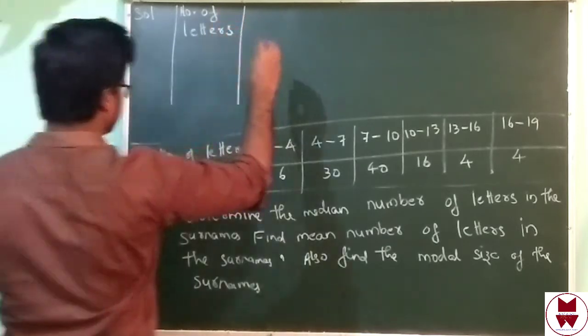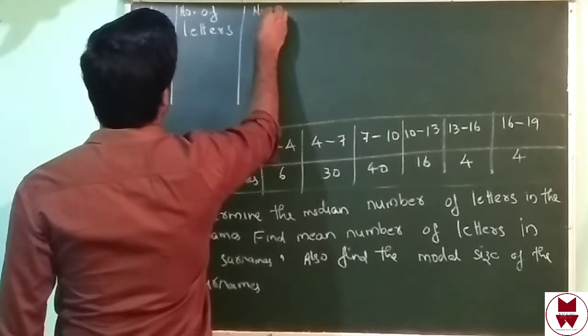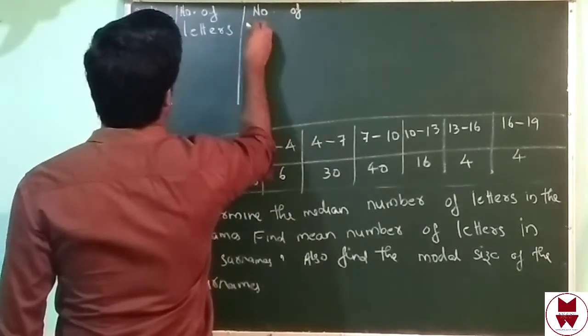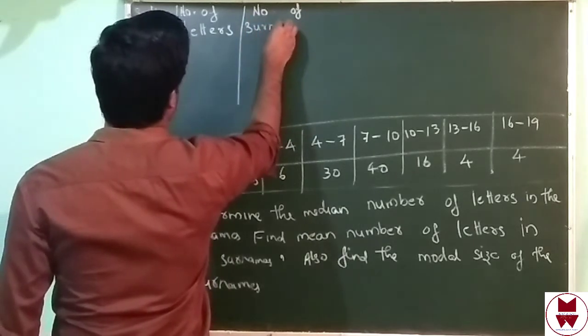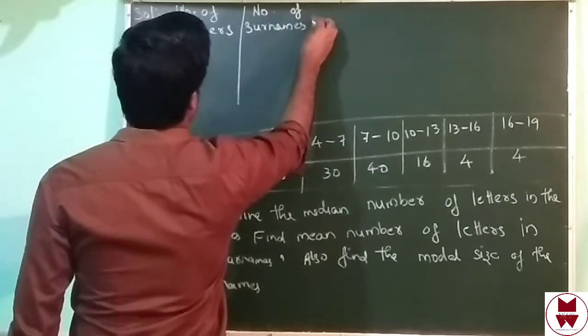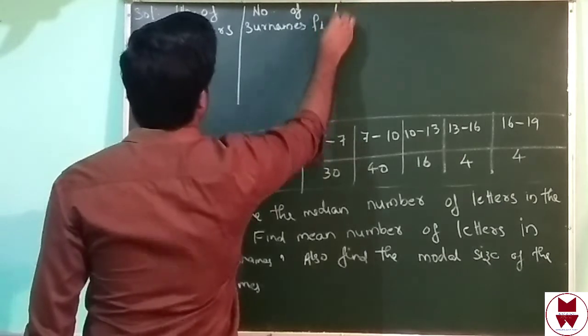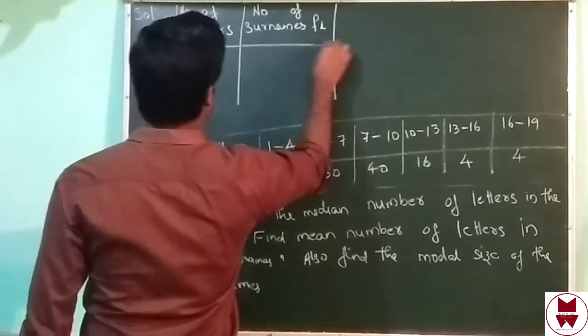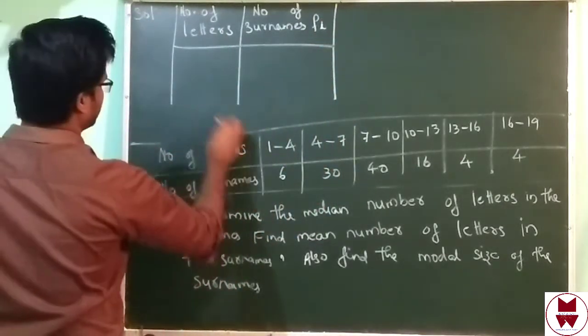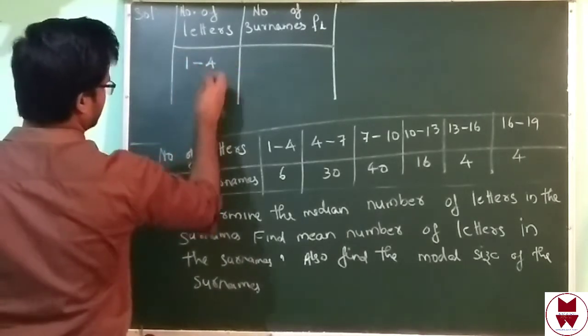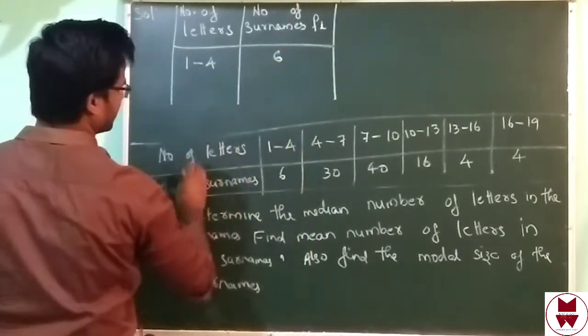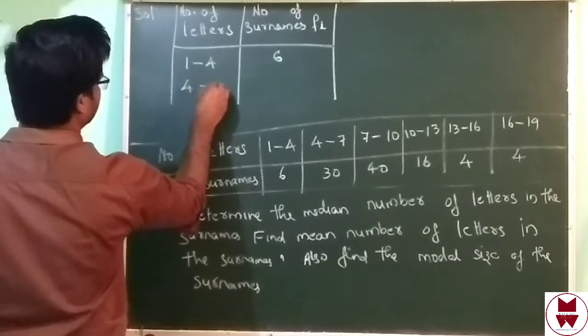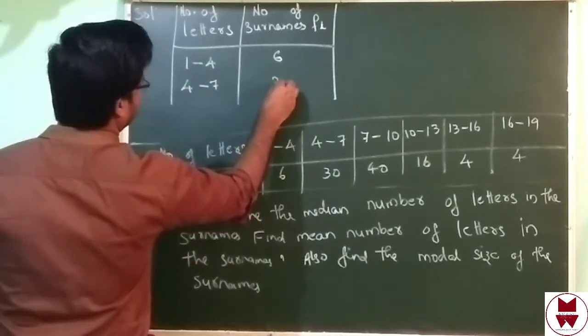Number of letters, number of surnames, that will be the frequency f i. Number of letters 1 to 4, frequency is 6. Then 4 to 7, frequency is 30.